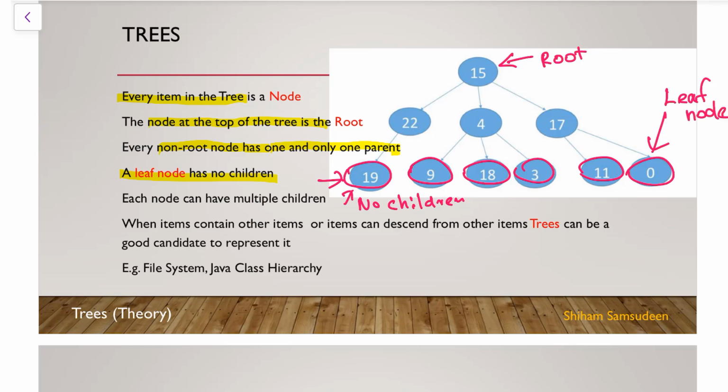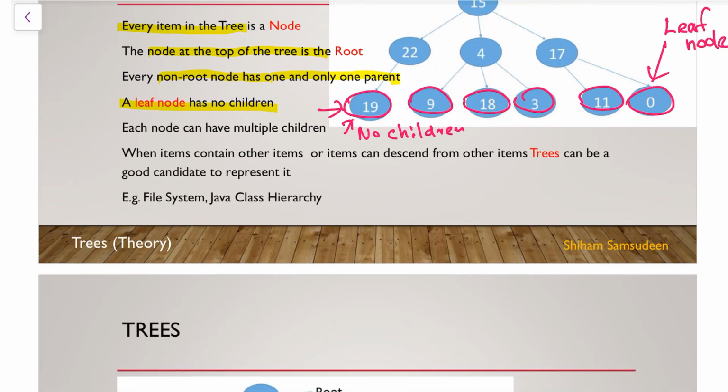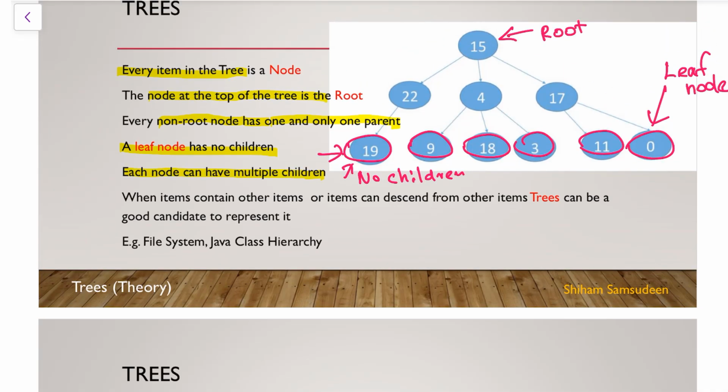When you have multiples of them, they are called leaf nodes. All right. Okay, so each node can have multiple children, as you can see. This 4 has 3 children here, 9, 18 and 3.